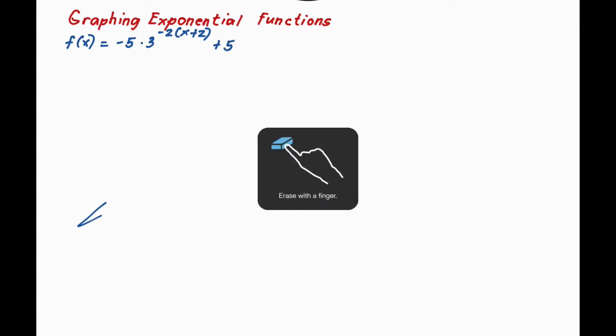Hello, welcome. I will be giving you another example in graphing exponential functions. Suppose the question is f of x equals negative 5 times 3 to the negative 2 times x plus 2, plus 5.